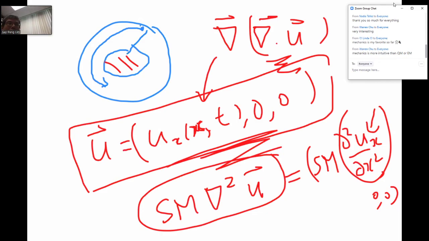In lab experiments, they can verify certain quantities to more than 10 significant figures. And that is called quantum electrodynamics, QED.